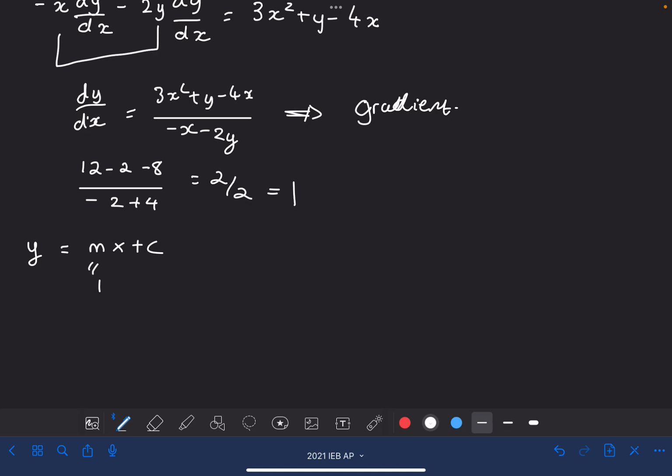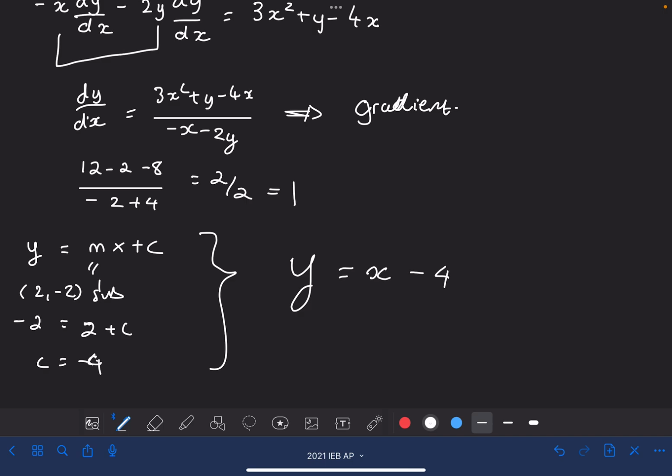So we're going to substitute in (2, -2). We're going to get minus 2 is equal to 2 plus c, which gives us that c is equal to negative 4. So from all of that, the equation ends up being y = x - 4.